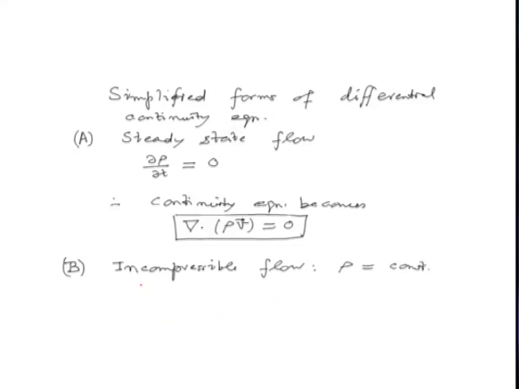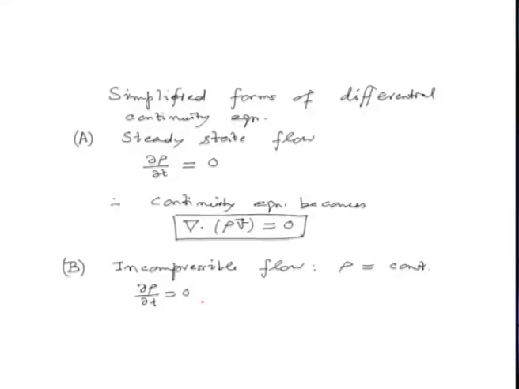So now in this case del rho by del t would again be 0, and rho can be taken out and we can divide by rho, and we get the simplified form: divergence of V is equal to 0.